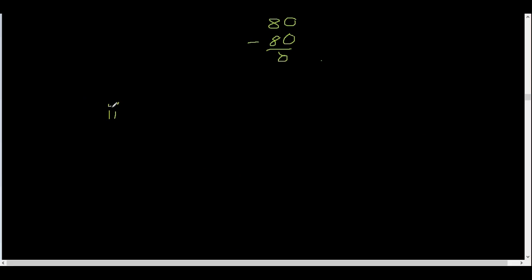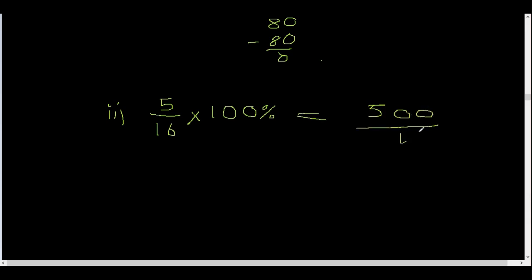Then expressing it as a percentage, you multiply the fraction by 100%. 5 times 100, we get 500 over 16. Carry on with our percent. 16 into 50, that's 3.